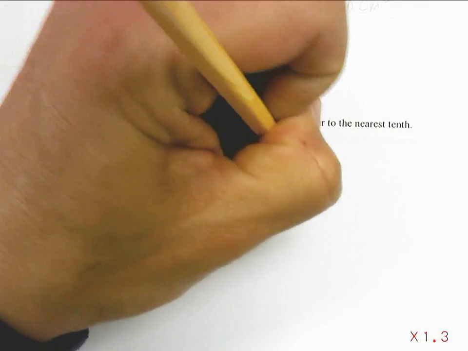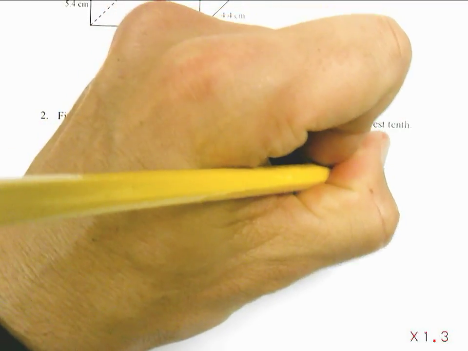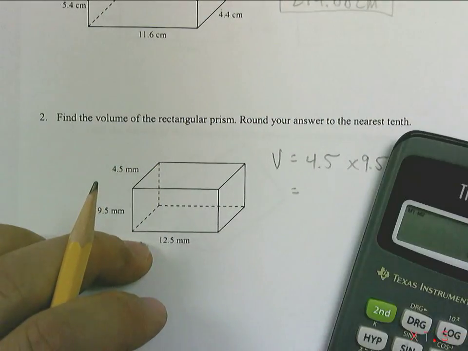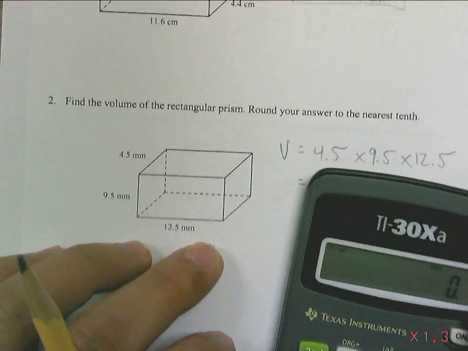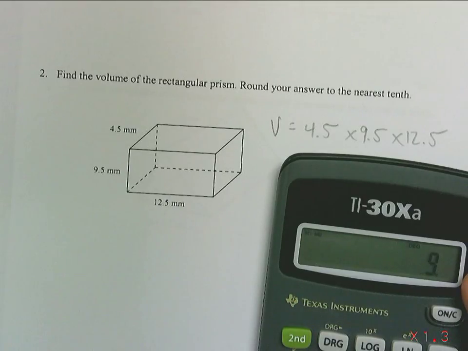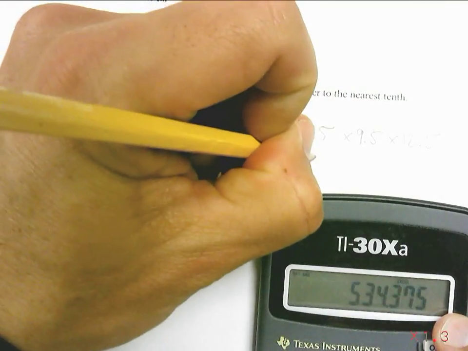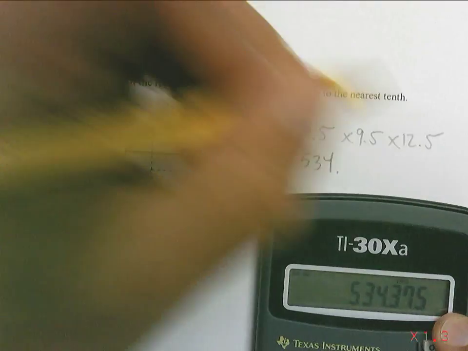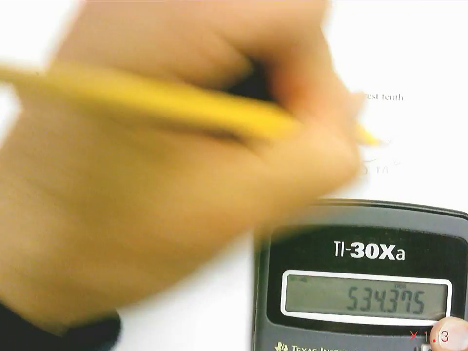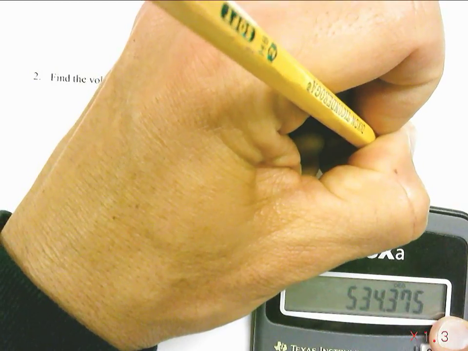Volume is just going to be multiply the 3 numbers together. 4.5 times 9.5 times 12.5 is 534.375 millimeters squared. And oh, volume. So that's cubed, actually. That's a 3 right there.